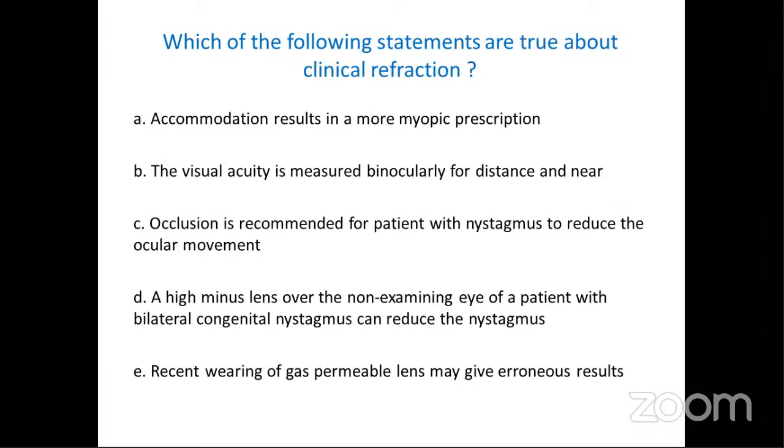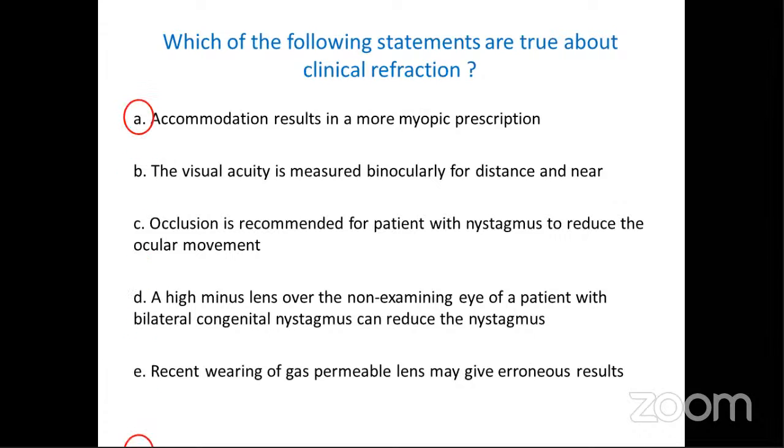If you are using an RGP lens, it causes corneal warpage, so there will be some irregularity in the cornea. These rigid gas permeable lenses have to rest on the cornea and induce some amount of pressure, so they cause some change in the cornea. So the first and E are right.